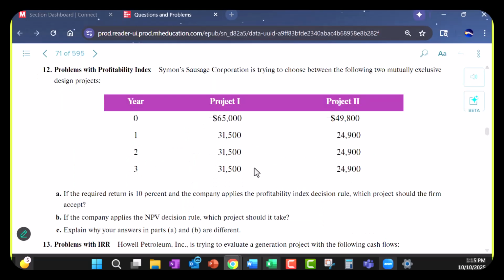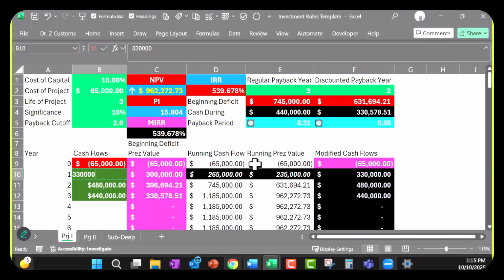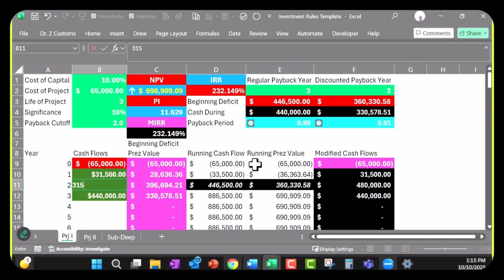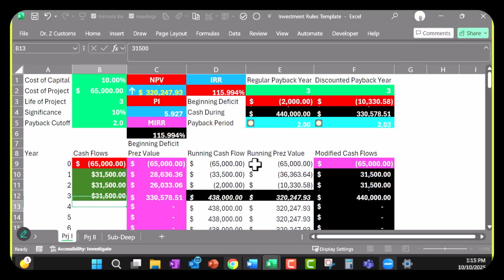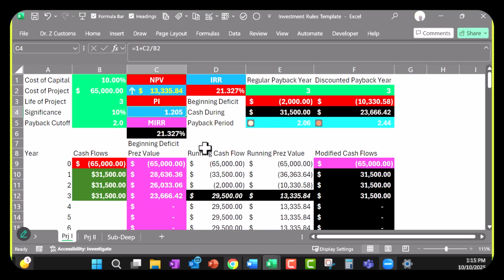And we get 31.5 in each year. And it has a profitability index that we can directly read off. It's about 1.21.